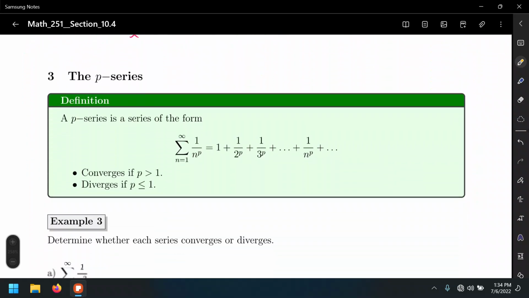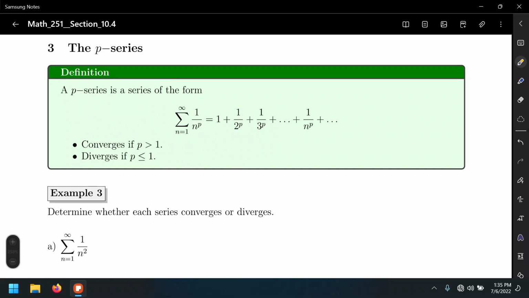So for the next topic, the p-series, and you might remember we looked a little bit at p-integrals to determine whether the integral converges or diverges by just looking at the function of the form 1 over x to the p power.